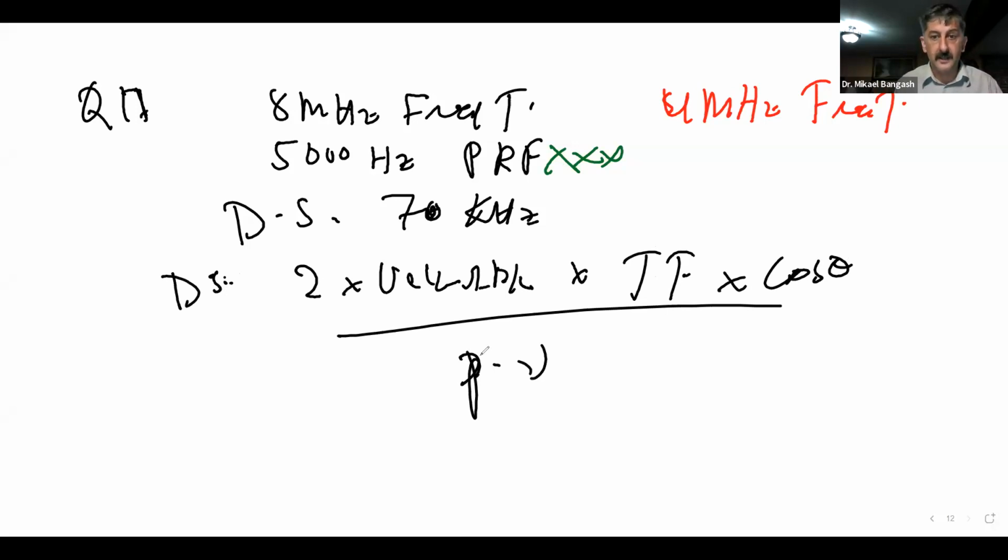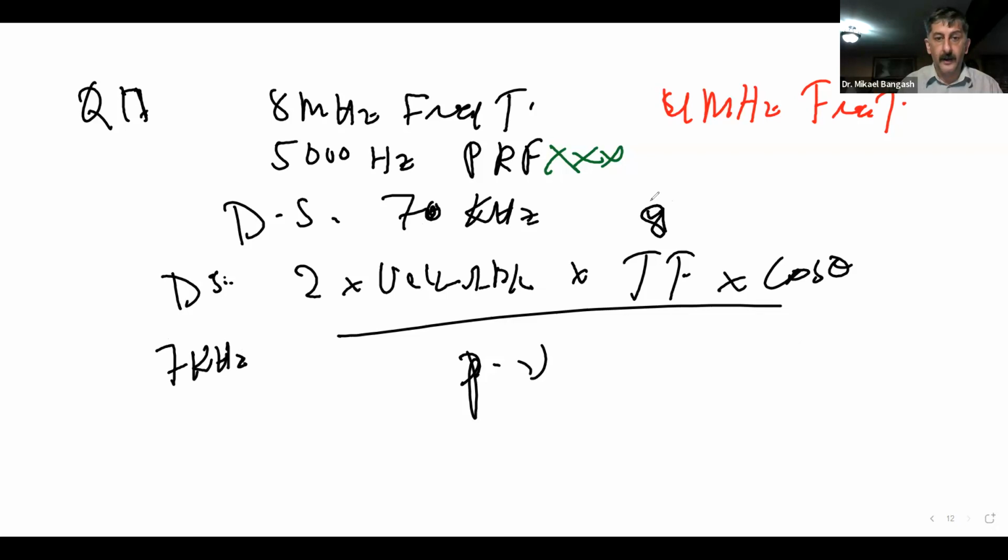Now in the first case we had a frequency of 4. That means the Doppler shift was calculated to be 7 kilohertz. No, sorry, 8 megahertz, sorry.